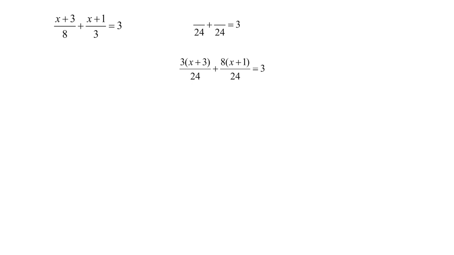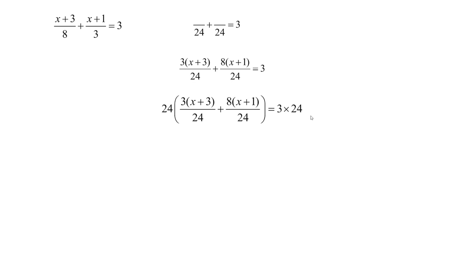Now we have the problem of getting rid of that 24 in the denominator. And once again, to do that, all we need to do is multiply the entire left-hand side of the equation by 24. Once we do that, we have to also multiply the right-hand side by 24 to keep our equation balanced.